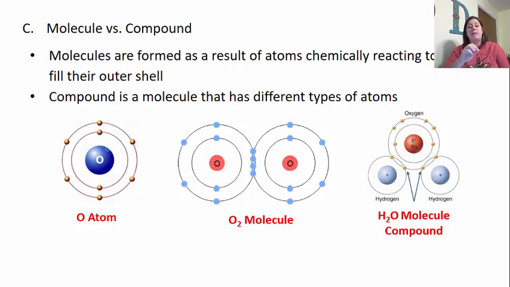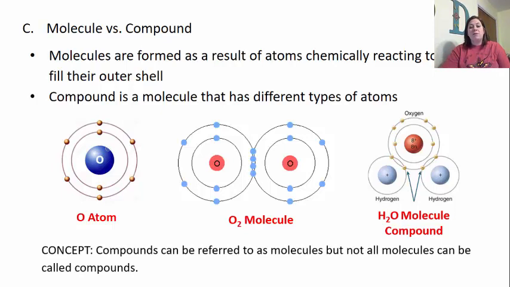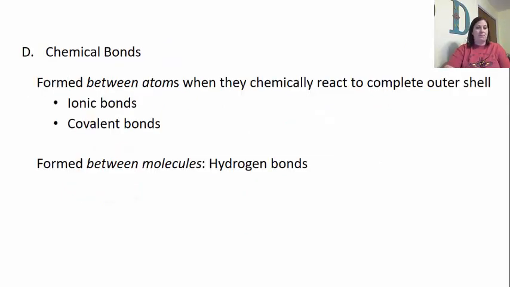That's the key that makes these 2 things different. So compounds can be referred to as molecules, but not all molecules can be called compounds. We can't call this an oxygen compound, and the reason being is it's just made out of oxygen, therefore it can only be a molecule.